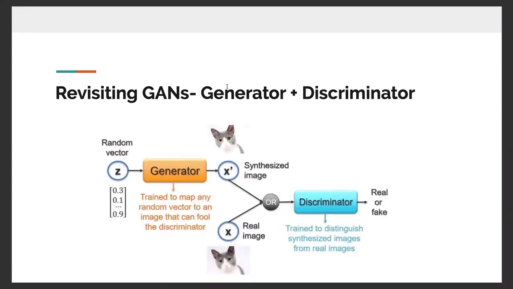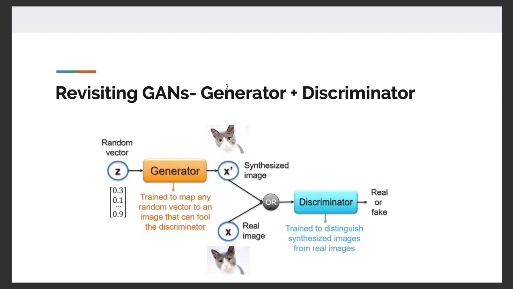If we combine the generator and the discriminator, the target of the generator is to produce new objects that can fool the discriminator, and respectively the target of the discriminator is not to be fooled by the generator. Its purpose is to distinguish the synthesized images from the real images, to tell whether an image is real or fake.